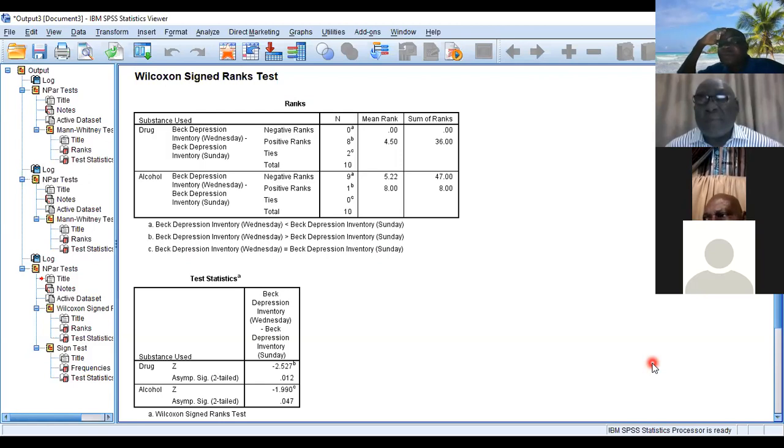So what you are saying in essence is that in both cases there is improvement in depression score, a trend between Sunday and Wednesday, and for drug the p-value is less. Does it mean that p-values can be compared across different experimental groups?